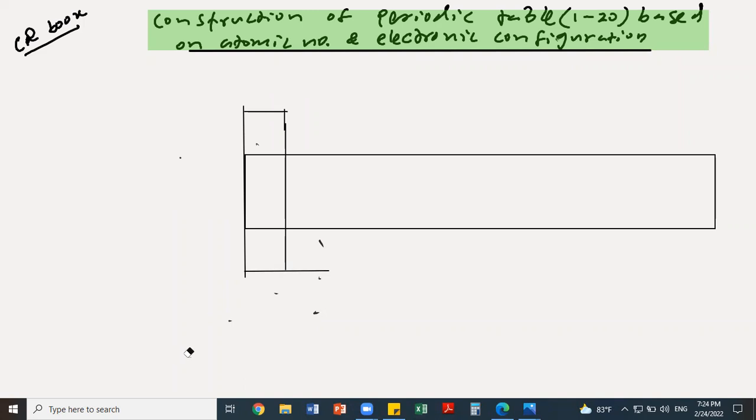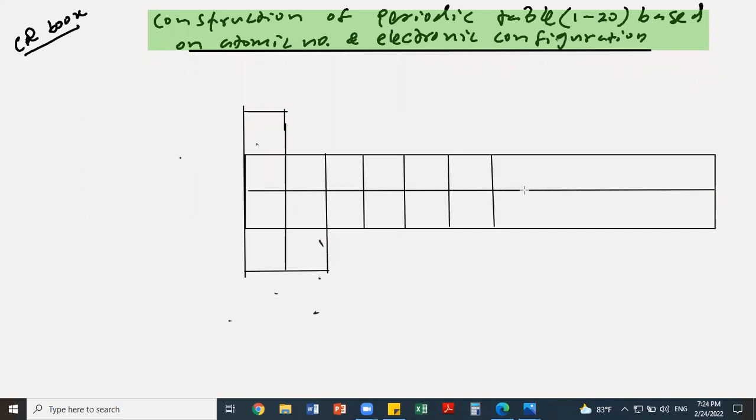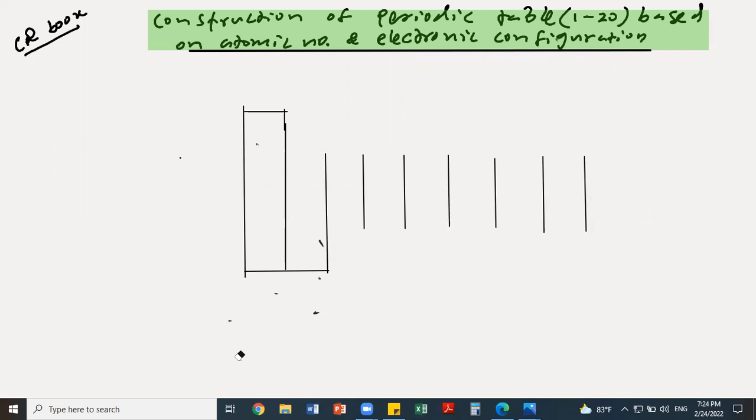You can have the table with 8 columns like this: 1, 2, 3, 4, 5, 6, 7, 8.